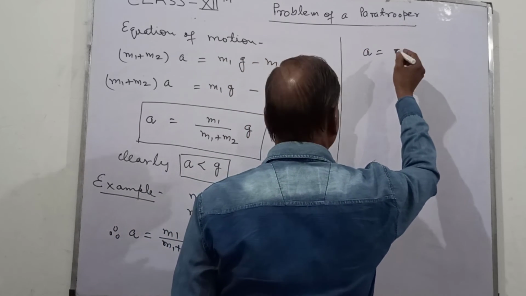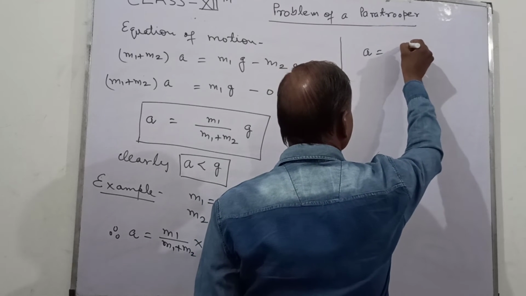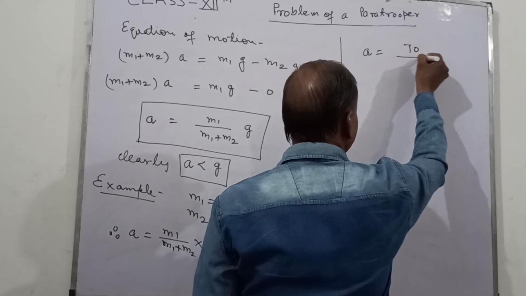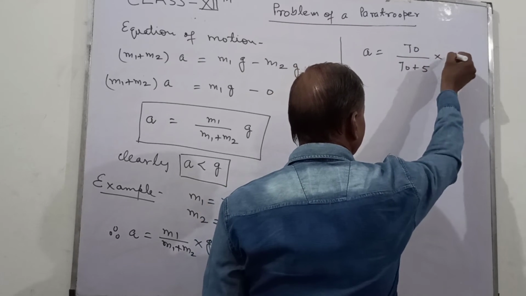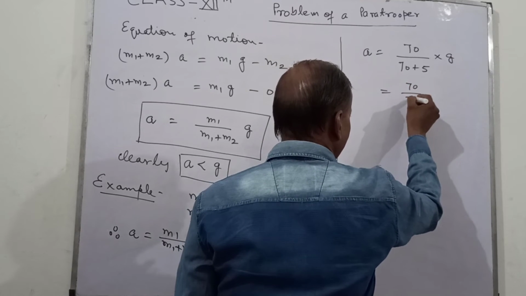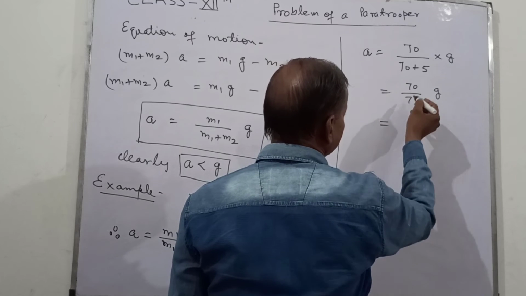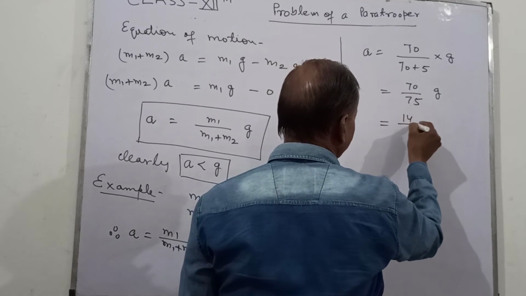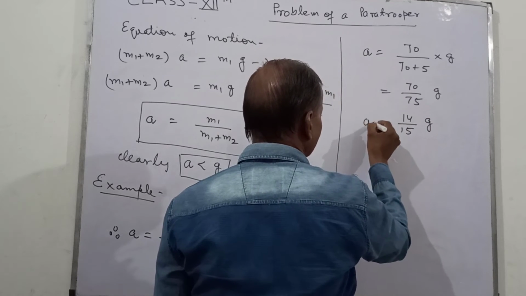So a is equal to 70 upon (70 plus 5) into g. This is 70 upon 75 into g, which is 14 upon 15 of g.